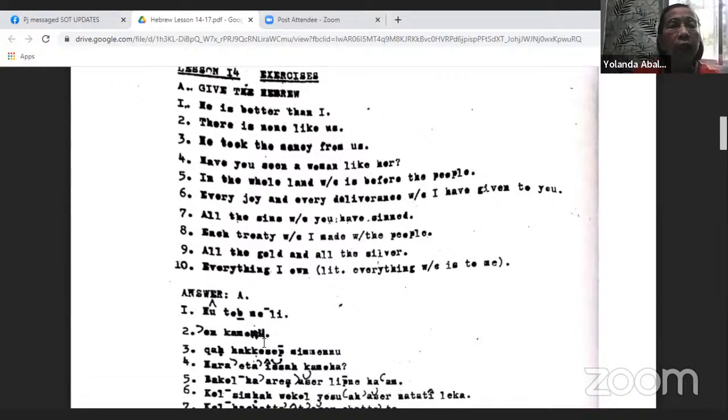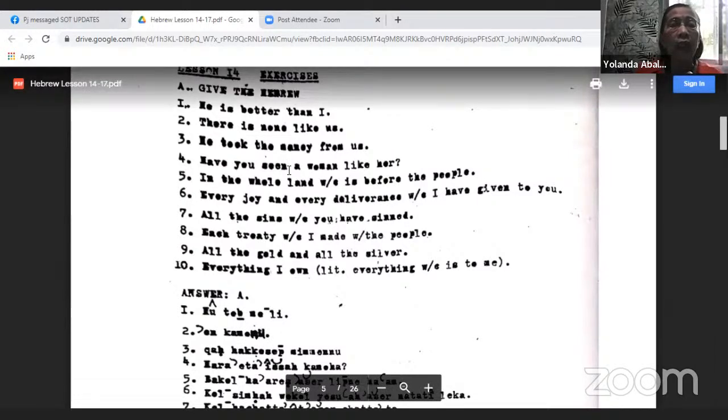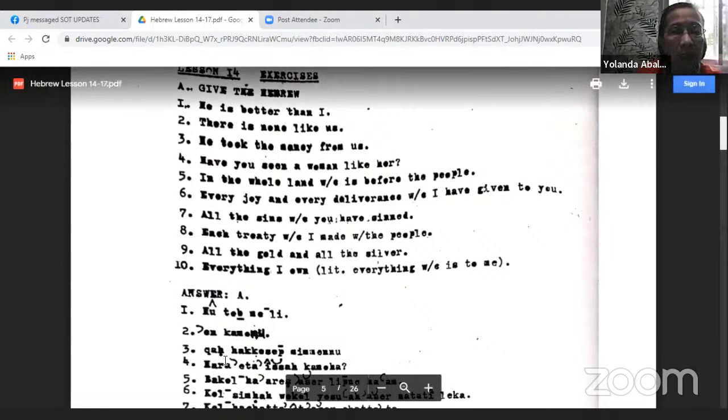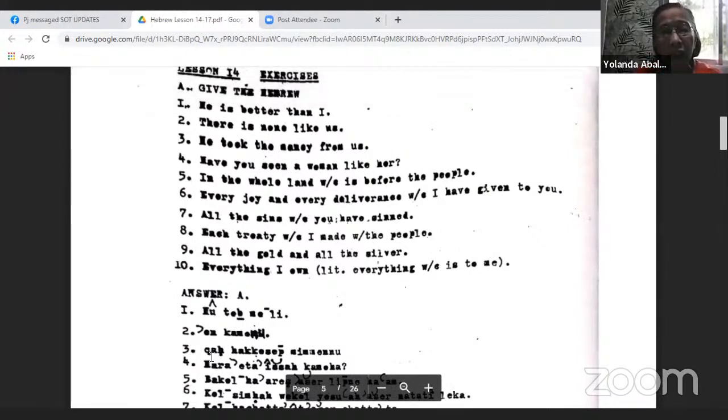Number 3, he took the money from us. Kak, tandaan nyo, kak yan ha. Q, cough, H. No, cat. That is cat. Lagyan mo ang heads na yan ng tuldok sa ibaba, nagsasaad, it is pronounced k, cat, kak.